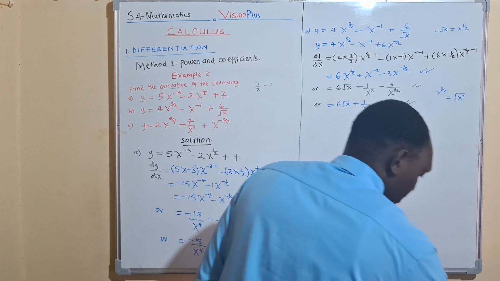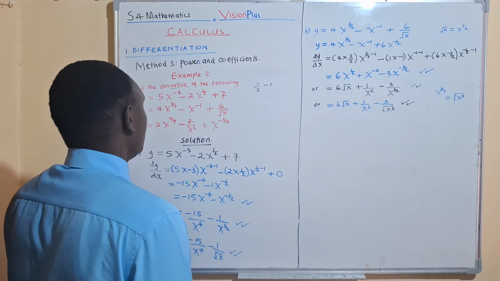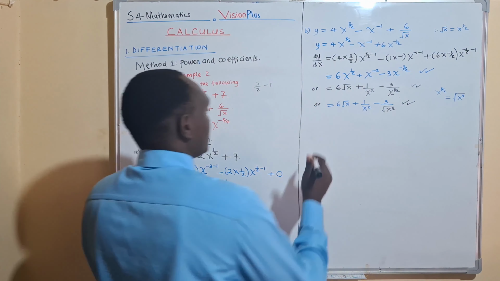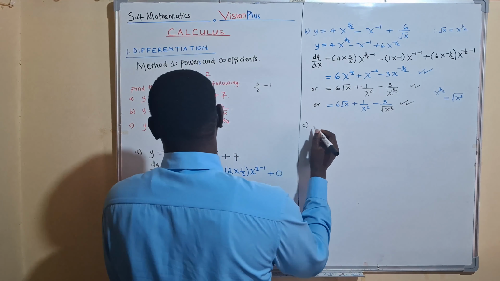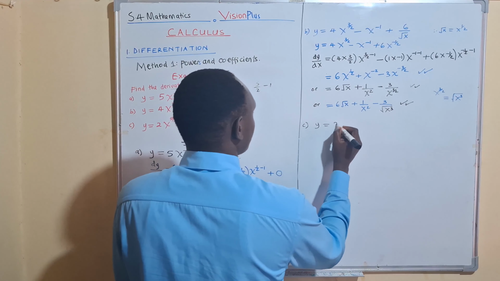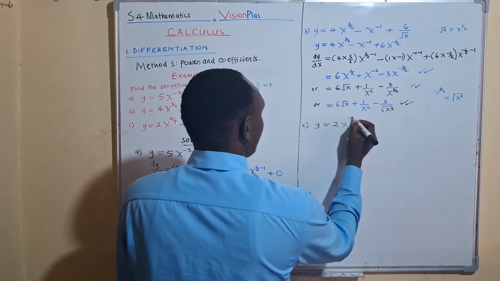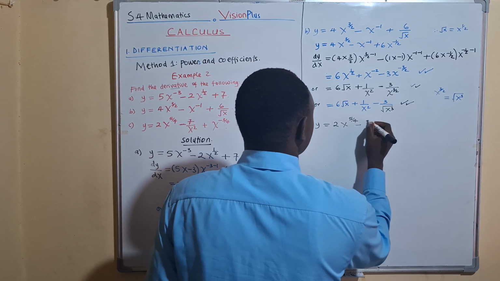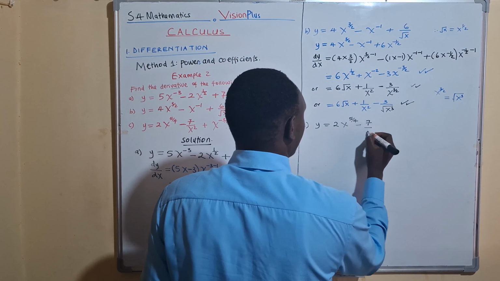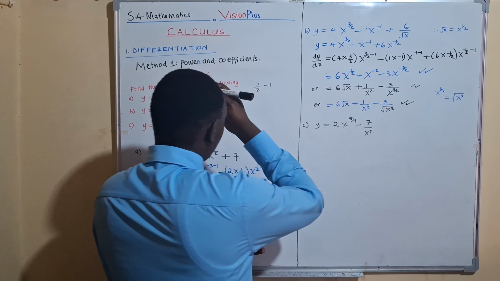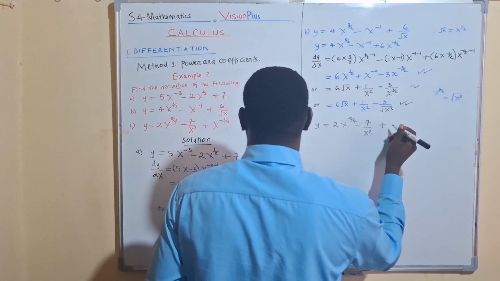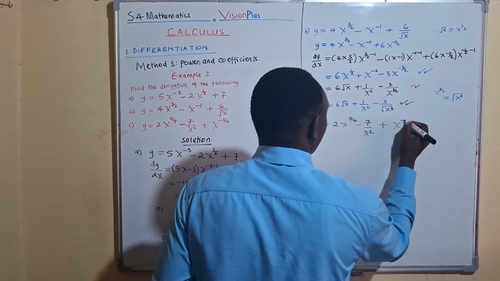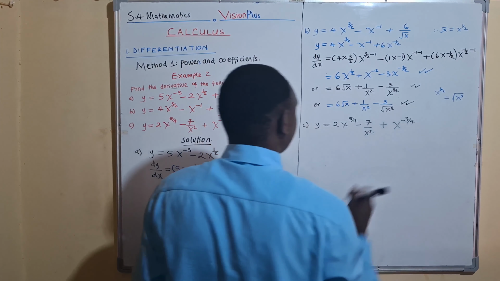Now let us go to part C. Part C, we have the function y equals 2x power 5 out of 4 minus 7 out of x squared plus x power negative 3 out of 4.